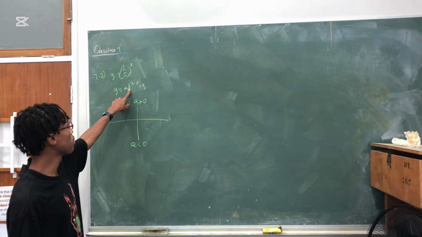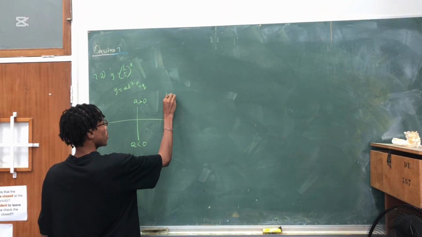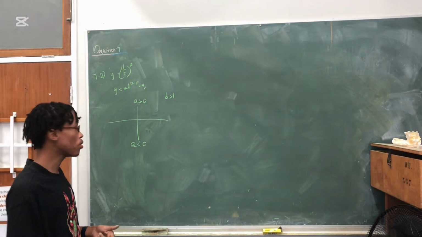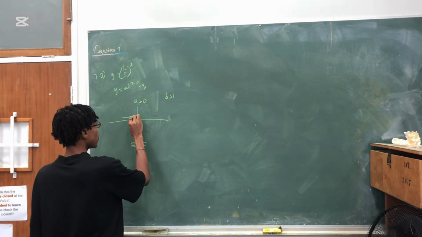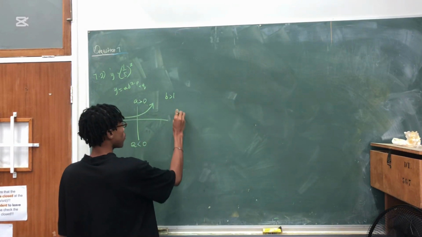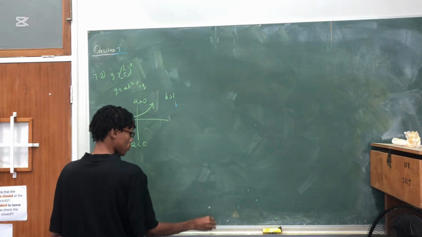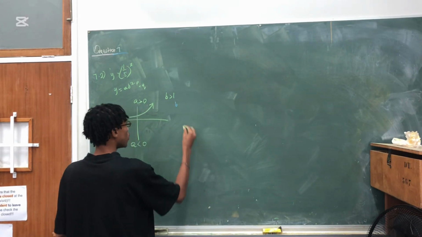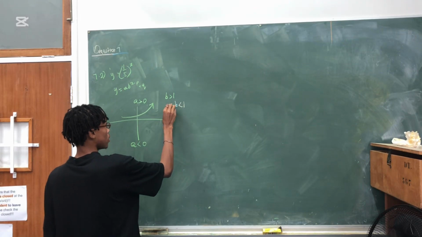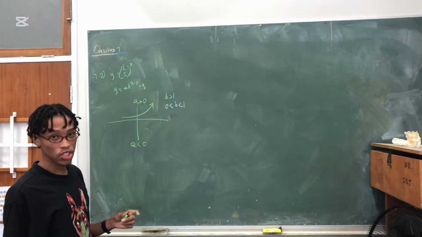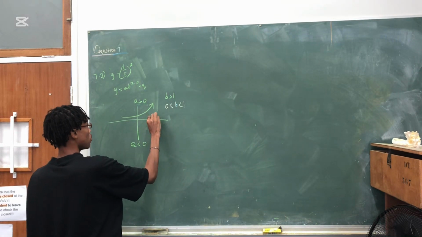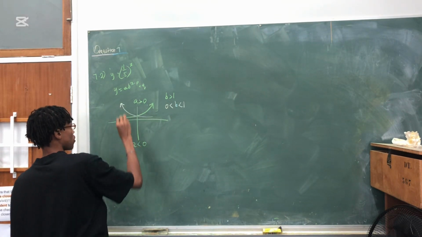And then B, if your B is greater than 1, meaning that it's increasing, then your function should be going up here. But if your B is less than 1 but greater than 0, meaning a fraction, this means that your function is actually decreasing.